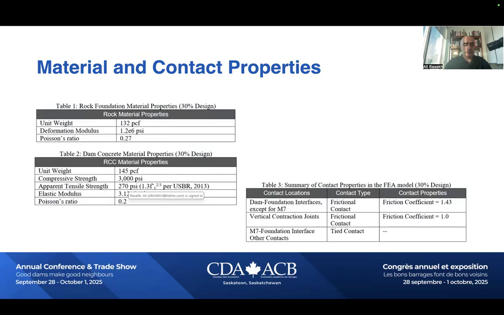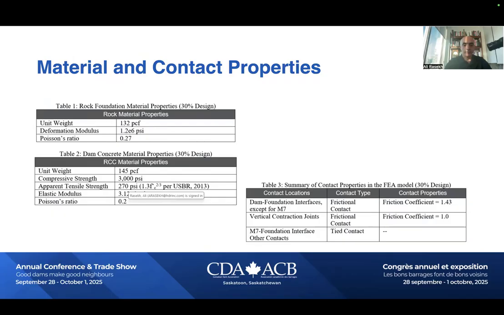Typical material properties. Materials remain mostly elastic, and the source of nonlinearity is the interfaces, as is the state of practice in concrete dam engineering, where we basically study failure planes and nonlinearity of the interfaces.